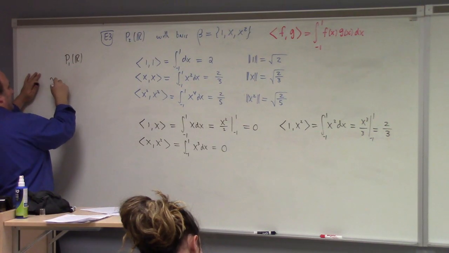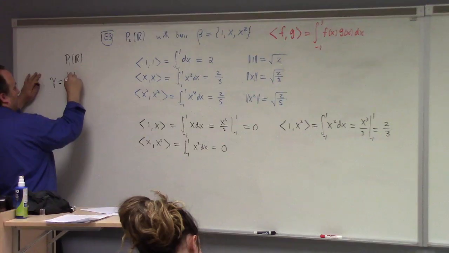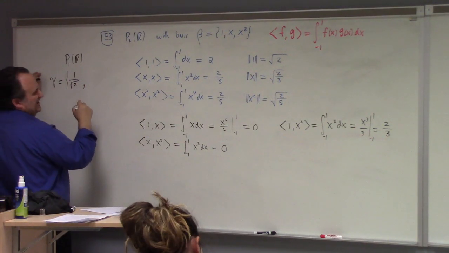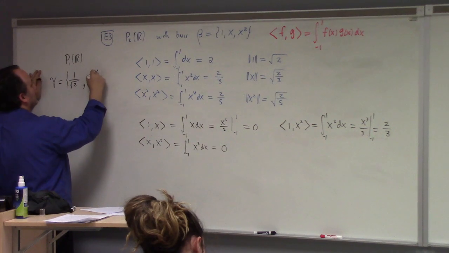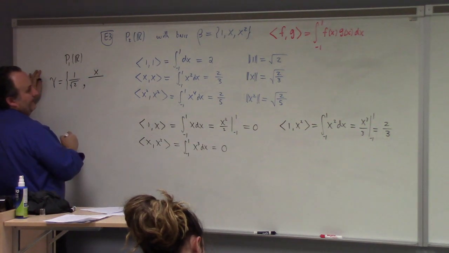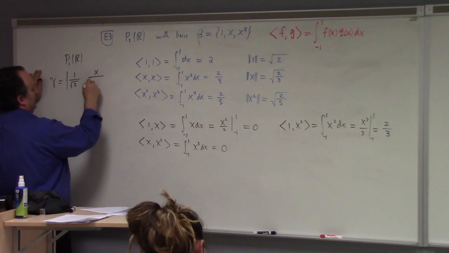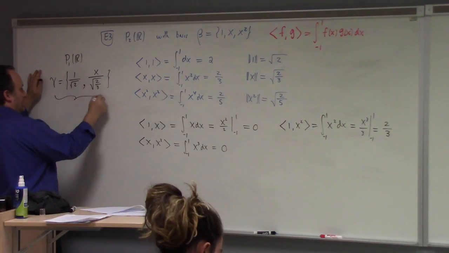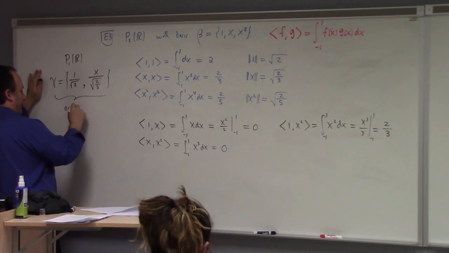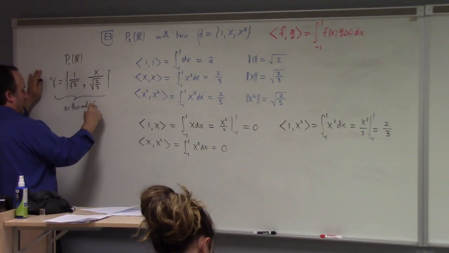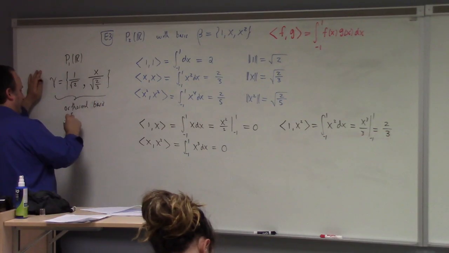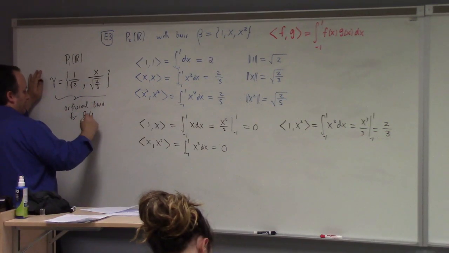All right. Now, without much more computation, I can give you an orthonormal basis for P1(R) if I use, say, gamma equal to 1 over the square root of 2, and x over the square root of 2/3. This would be an orthonormal basis for P1(R).